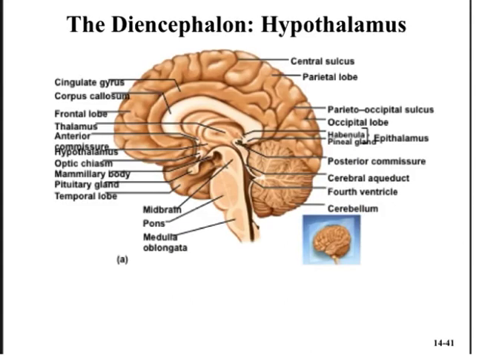Let's take a look at some of the other structures that are present in the diencephalon. The hypothalamus forms part of the walls and floor of the third ventricle. Hypothalamus is located right there, okay? And this is the thalamus. It extends anteriorly to the optic chiasm, which is where the optic nerves cross from right to left.